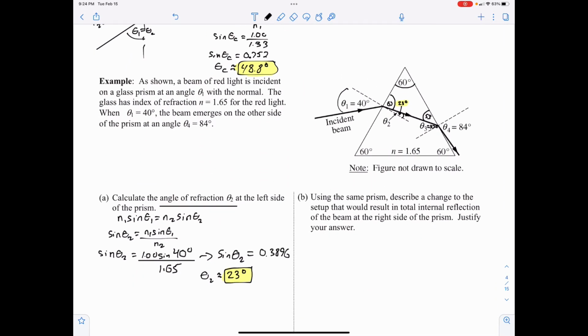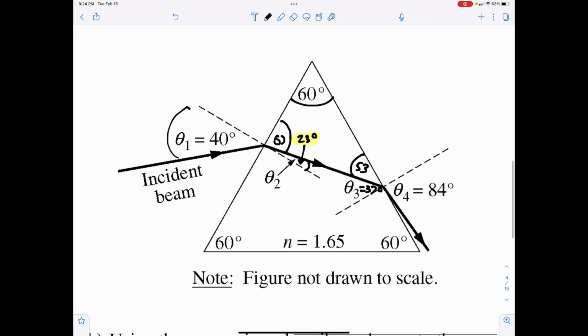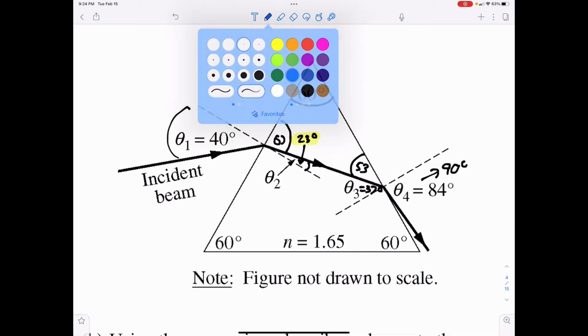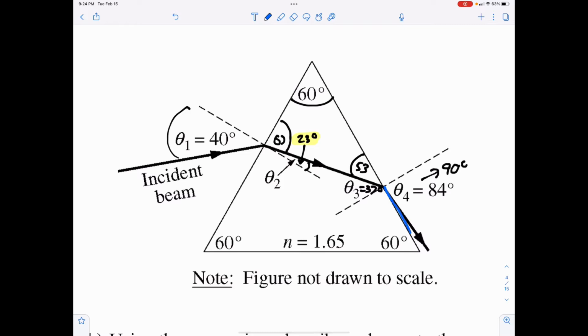Using the same prism, describe a change to the setup that would result in total internal reflection of the beam on the right side of the prism. Well, for the beam to result in total internal reflection, theta 4 would have to be 90 degrees. It would have to be refracting along the surface like this for a full 90-degree angle.